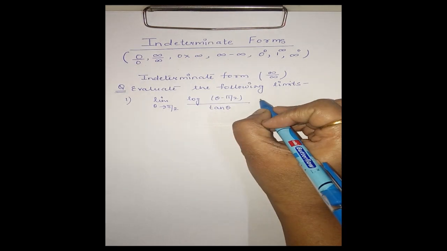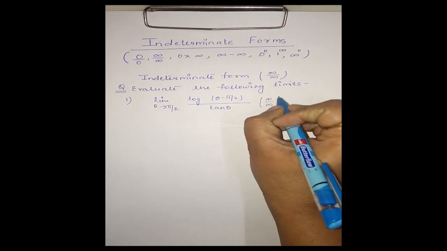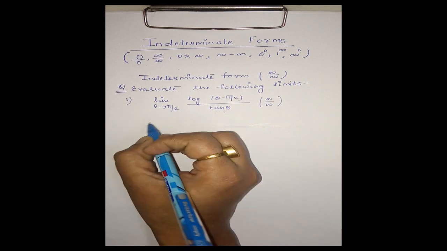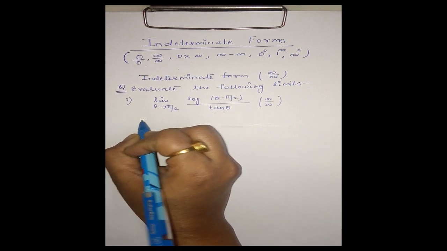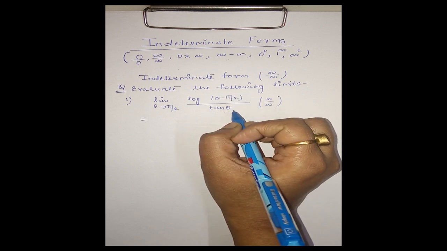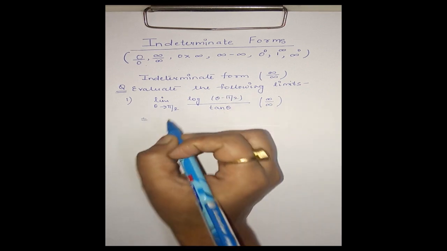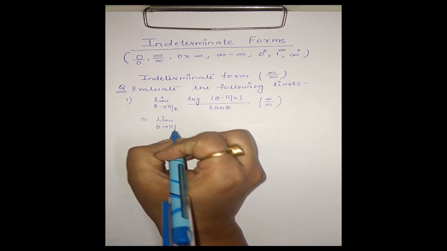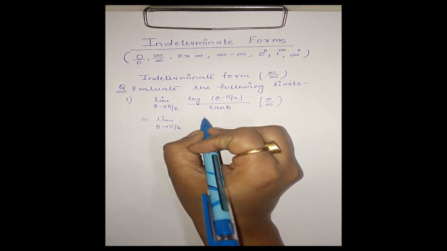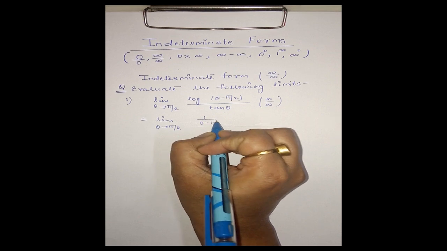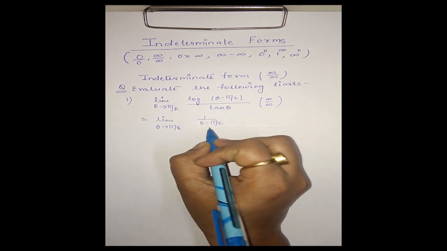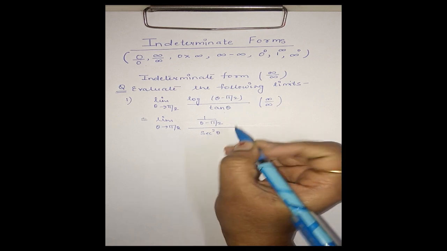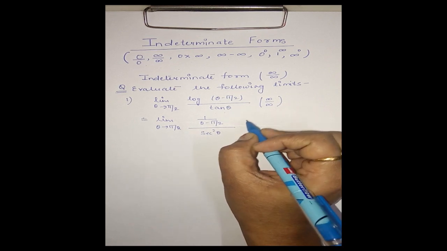That means it is infinity by infinity form, an indeterminate form, and for this we will apply L'Hopital rule, differentiating numerator and denominator separately with respect to theta. Limit theta tending to pi by 2 of 1 upon (theta minus pi by 2) divided by secant square theta.